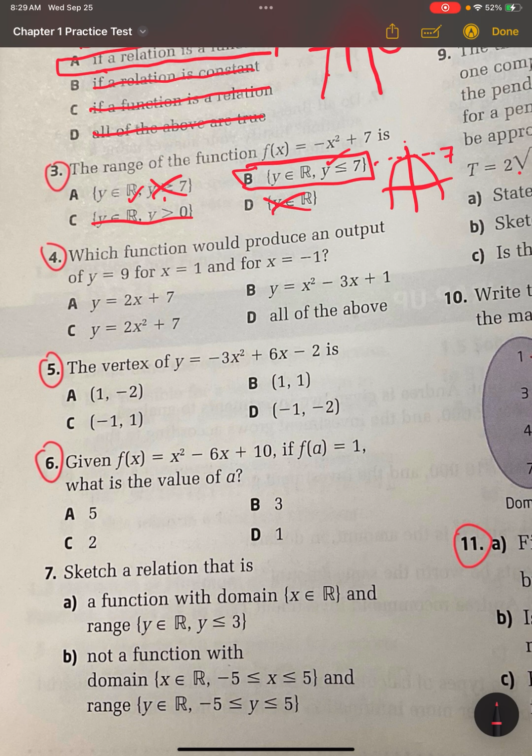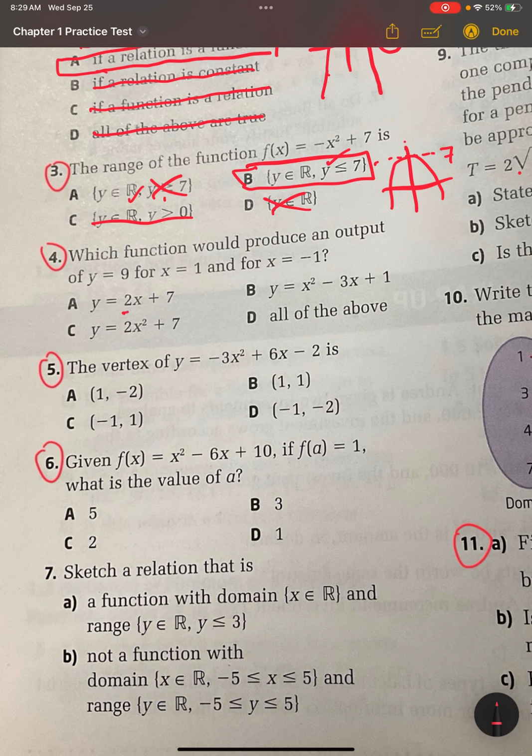Next, which function would produce an output of y equals 9 for x equals 1 and x equals minus 1? Okay, so let's see. Which of the following functions would produce 9 for x equals 1 and x equals minus 1?